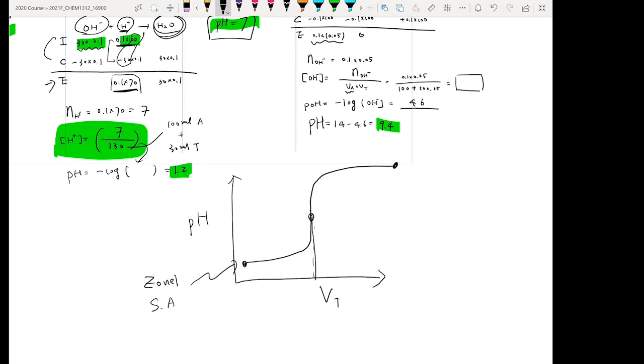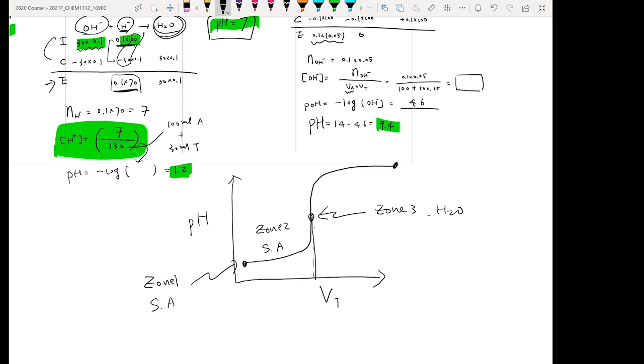You just have a less concentrated strong acid, but zone 2 is still a strong acid solution. How about your zone 3? You have the same amount of acid and base and they consume each other. Suddenly, all you have is just water. Therefore your pH is 7.